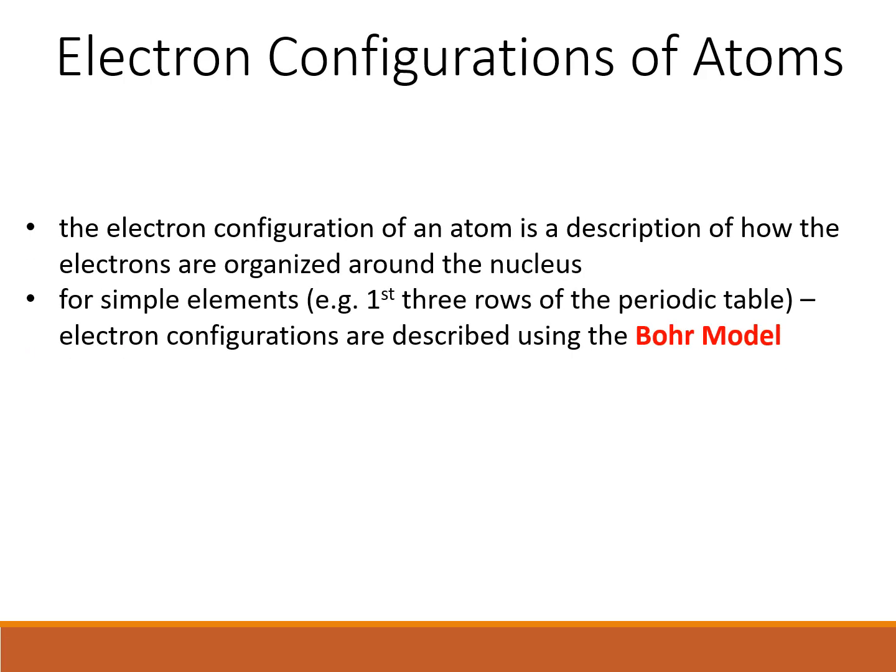In chemistry, you probably learned what was called the electron configuration of an atom. That is a description of how electrons are organized around the nucleus. For simple elements, for example, the first 3 rows of the periodic table, electron configurations are described using the Bohr model.